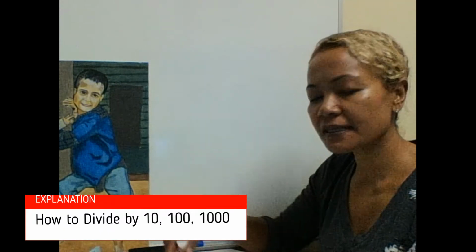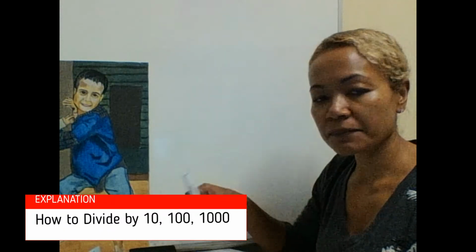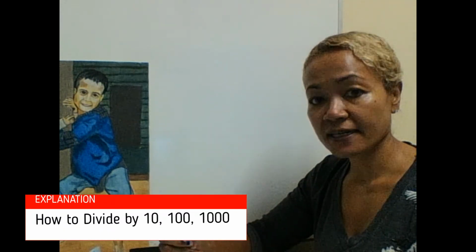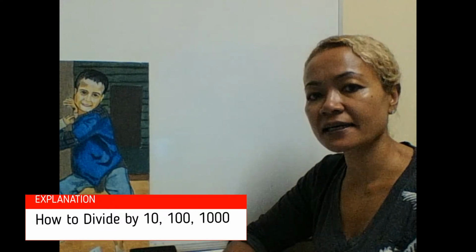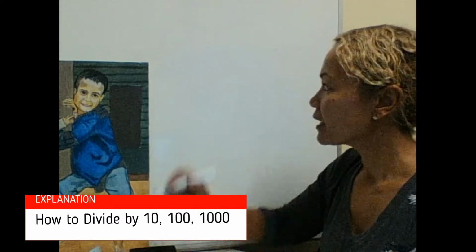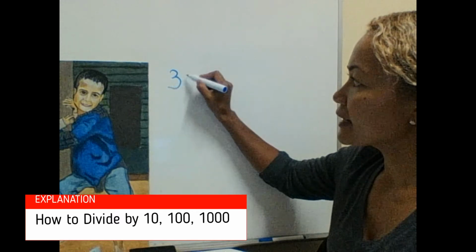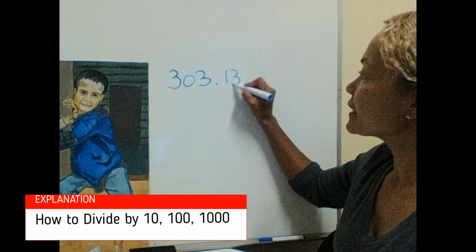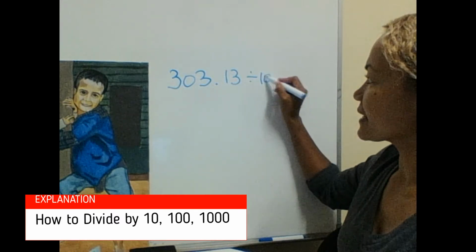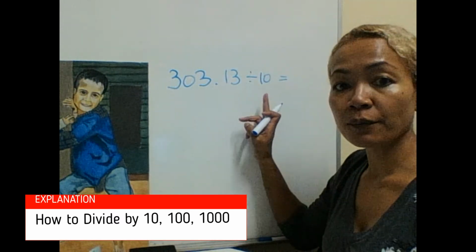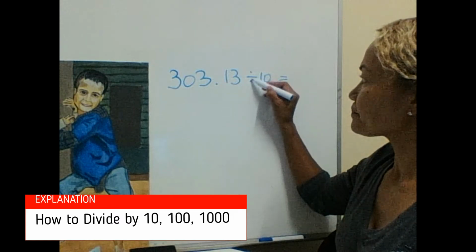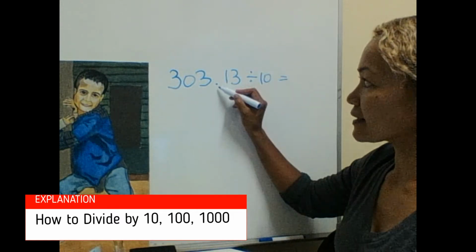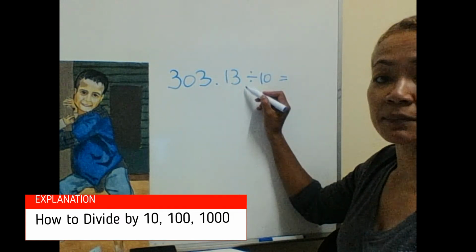4 examples, and these 4 examples are intended to illustrate the exact same idea as I showed with multiplication. So, 303.13 divided by 10. Remember, when we did multiplication, we moved the decimal place this way to make the number bigger.